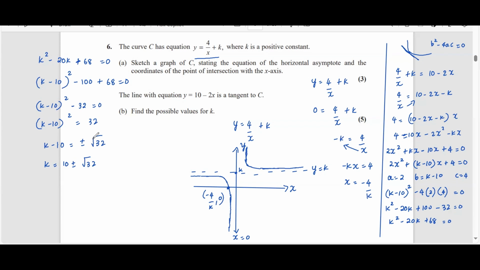Now root 32, we can prime factorize further to 4 root 2. So this will become 10 plus or minus 4 root 2. So the value for k will be either 10 plus 4 root 2 or 10 minus 4 root 2. These are the two possible values of k.